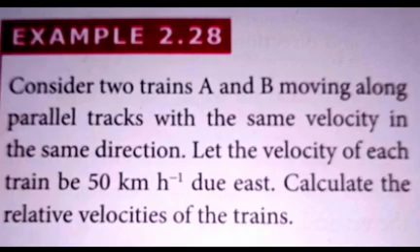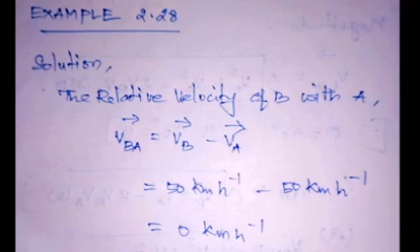Now to find the relative velocity, we know the formula. First, B with respect to A, the relative velocity formula is VBA vector equal to VB vector minus VA vector, and substitute the values, that is 50 km per hour for VB and VA also 50 km per hour. Subtracting, we get 0 km per hour, that is VBA vector equal to 0 km per hour.